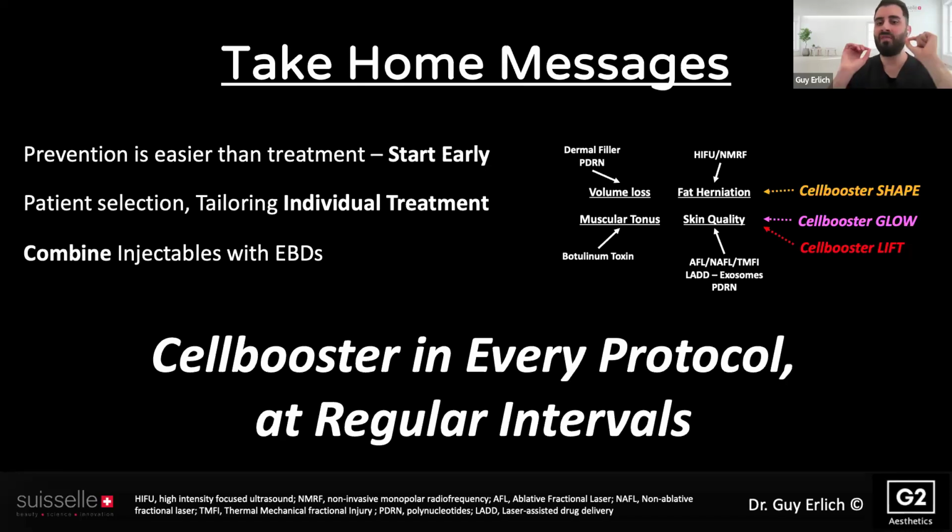Target fat herniation with high-focused monopolar RF, target volume loss with dermal filler or PDRN, target muscular tone with botulinum toxin, and target skin quality with energy-based device, PDRN, and exosomes, but always, always, always add cell booster, shape, glow, lift according to the indication, combine them or decide, and inject them in the correct location.